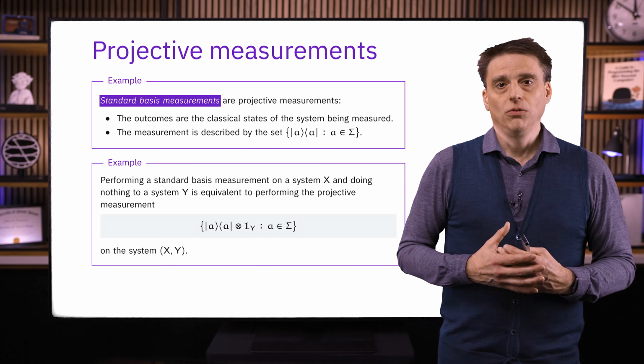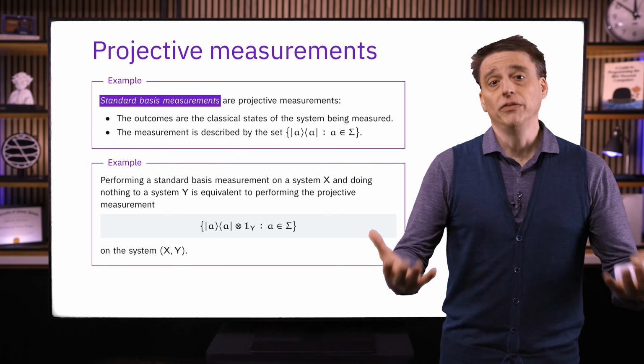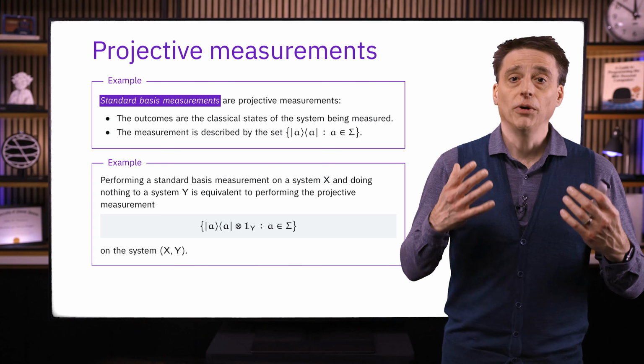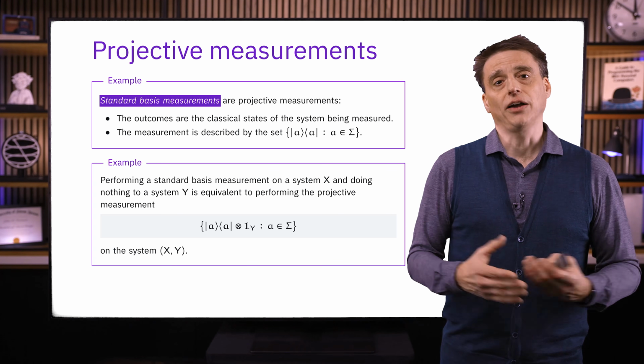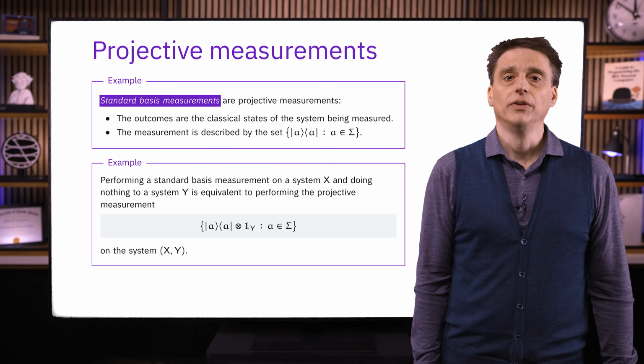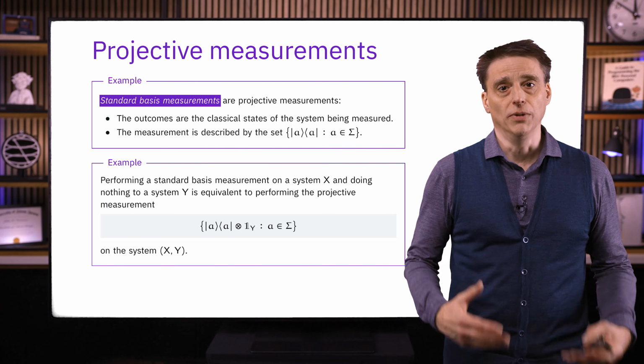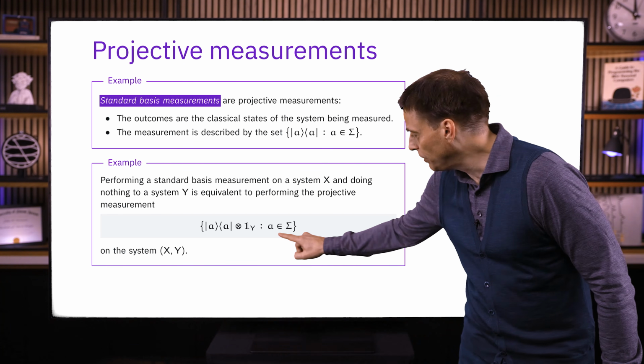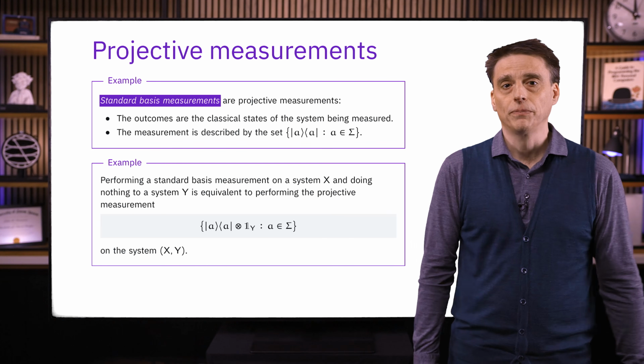For another example, which is really an extension of the previous example, if we perform a standard basis measurement on a system X and we do nothing to a system Y, just like we talked about in the previous lesson, it's completely equivalent to measuring the system XY with this projective measurement right here.